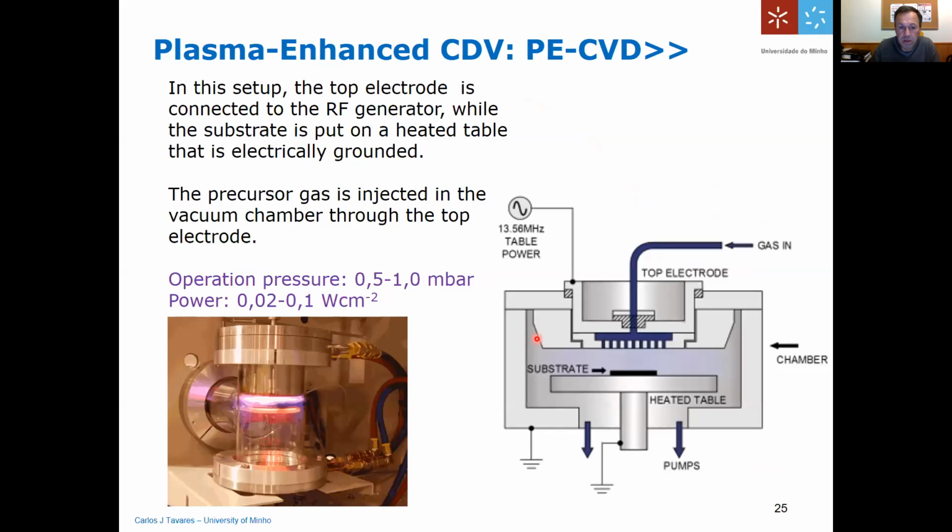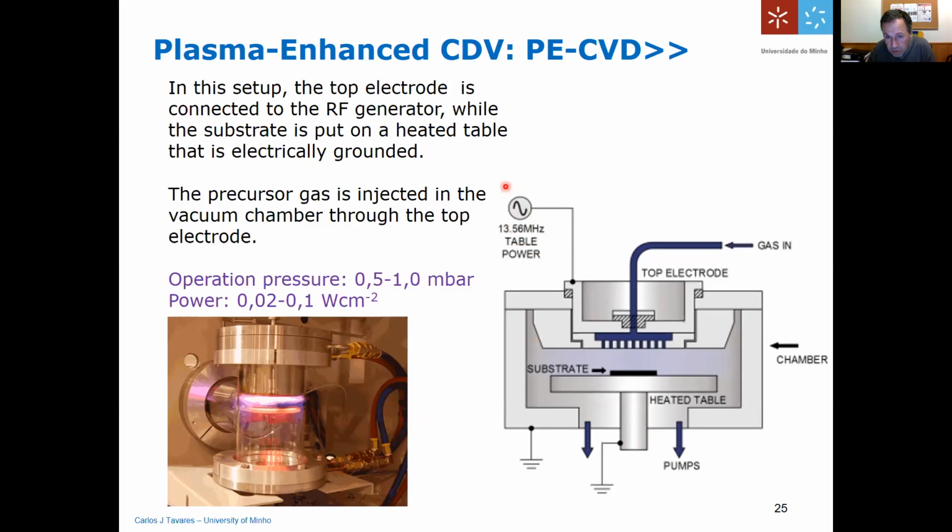Now you can see some CVD processes which use a plasma enhanced reactor. So in these cases, you need to have something that breaks down the precursor and turns it into a plasma. And normally you use an alternating current generator, so you can use a microwave generator here or a radio frequency generator.